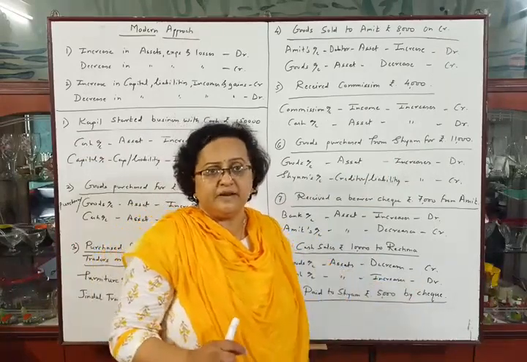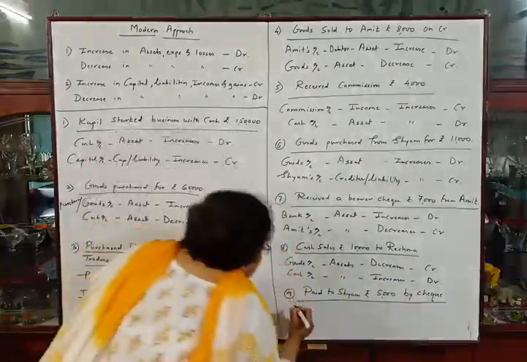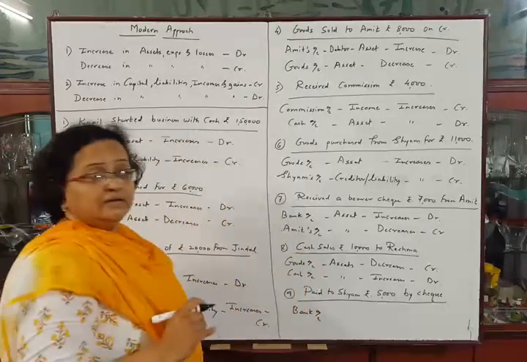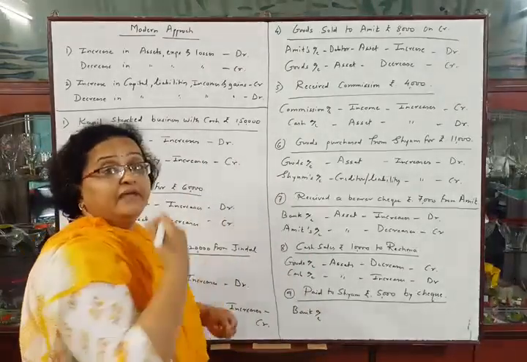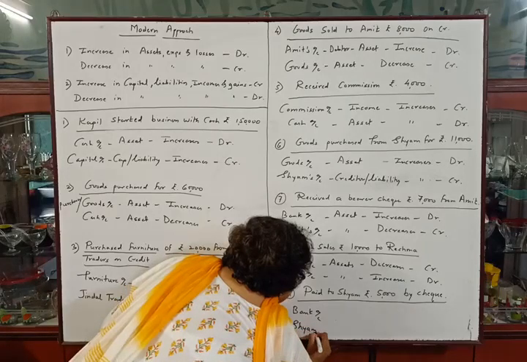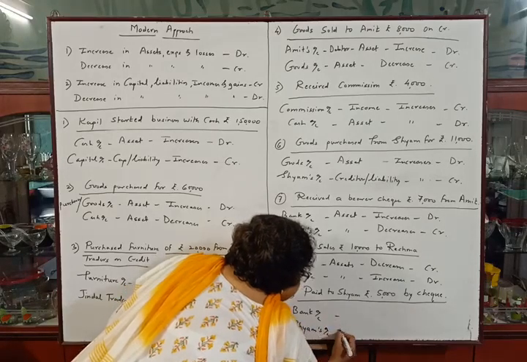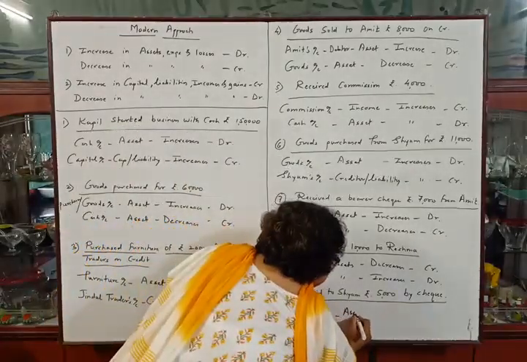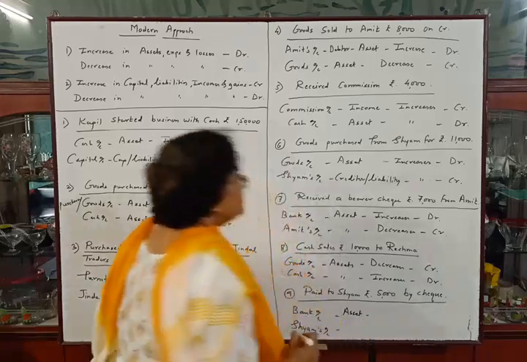As the payment is made by check, one account will be bank account and second account we are paying amount to Sham. So second account will be Sham's account. Okay. Bank is our asset and Sham.